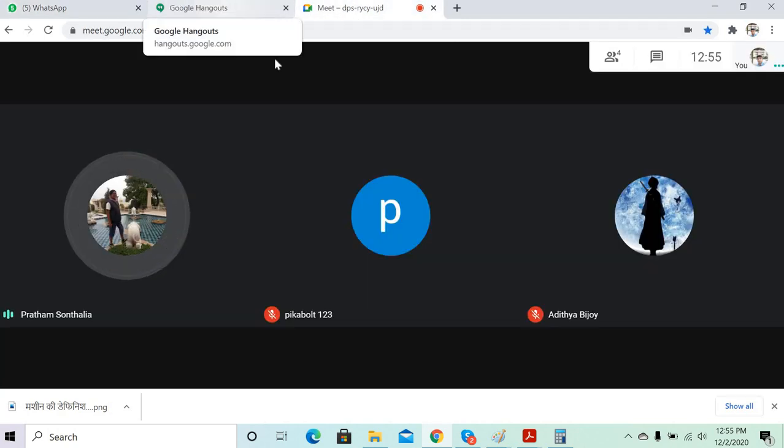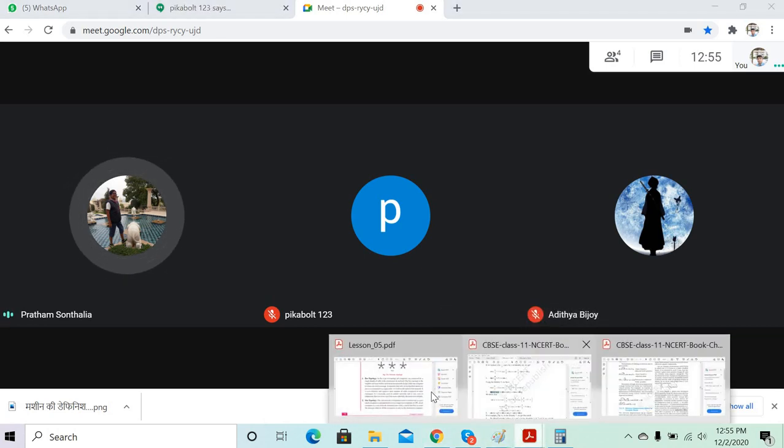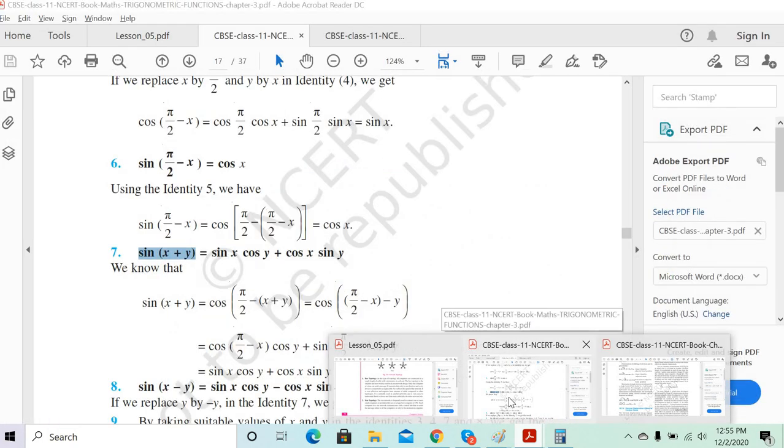Understood this part? So we don't expand in the first stage where we write pi by 2 minus x plus y, because again it will come in the form of cos x plus y only. Our goal is to find it in the form of x and y separate.